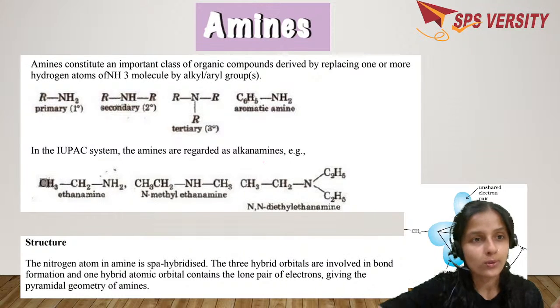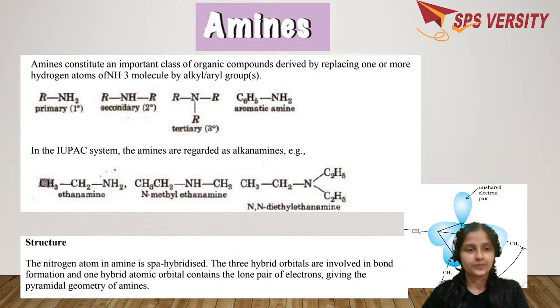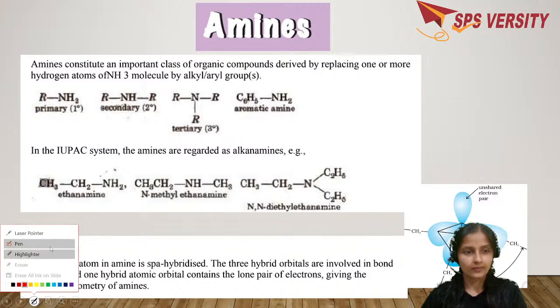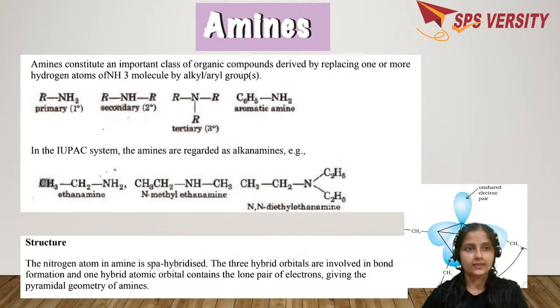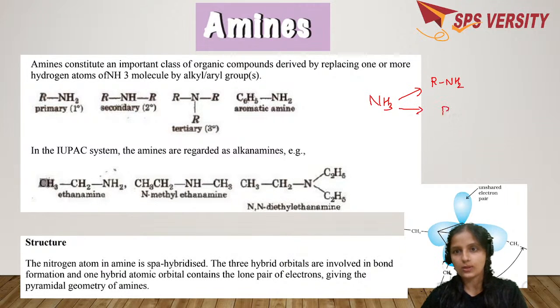So here we go. If you have the ammonia molecule and you replace one of the hydrogens, you get RNH2. You replace a second hydrogen also by an alkyl group, then you get RNHR.